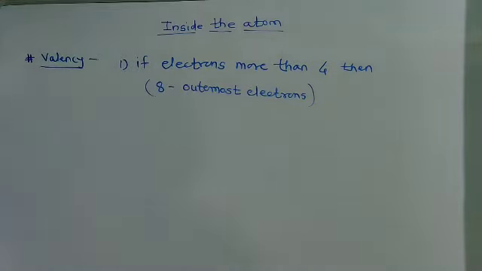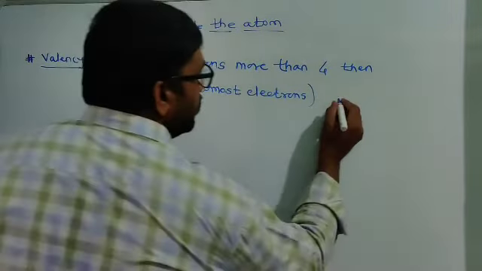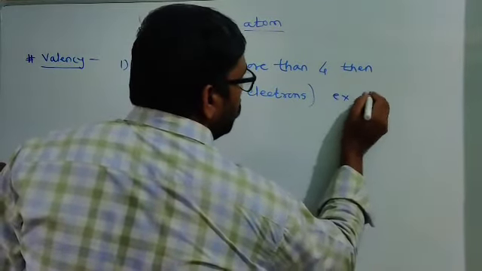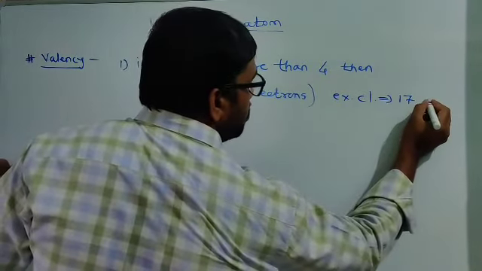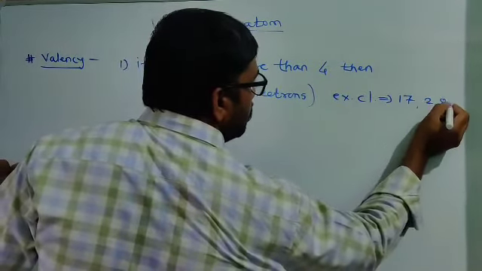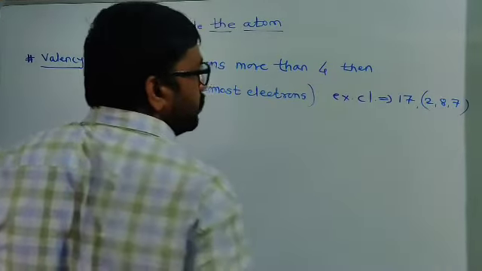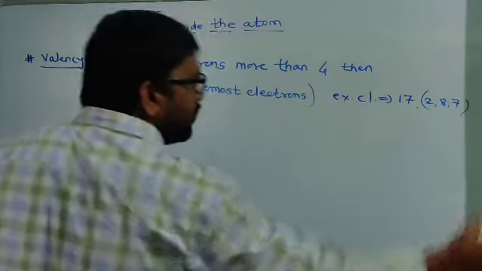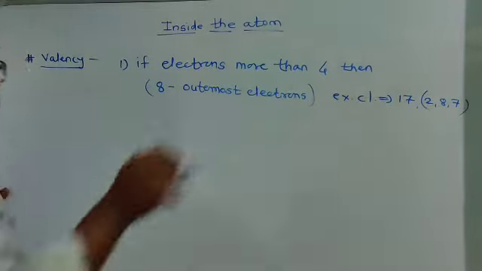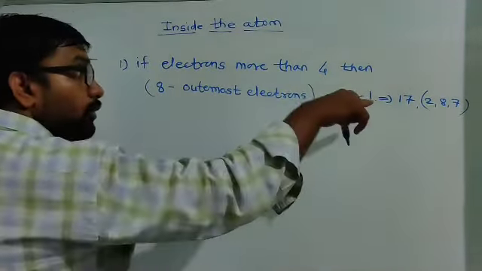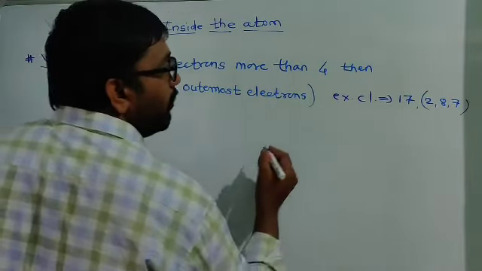We see the example of chlorine, which has 17 electrons. The atomic electronic configuration is 2, 8, 7. So 7 electrons are in the outermost shell. The number is more than 4. Then to calculate the valency of chlorine, what do we have to do?